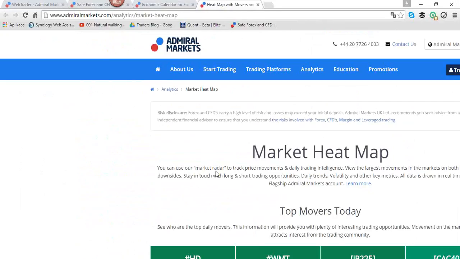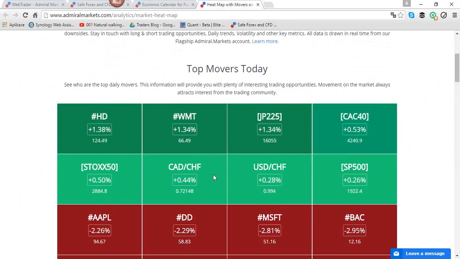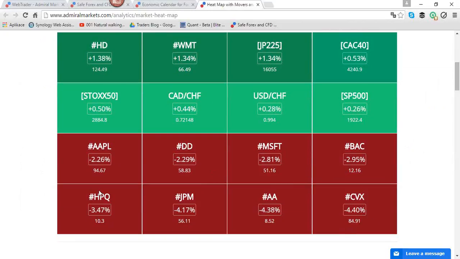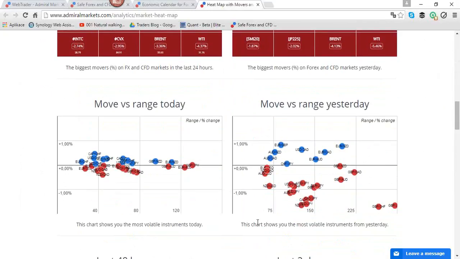Let's also take a look at the heat map. We had some stocks that were not doing that great yesterday. Let's take a look at the currency pairs. And again, pretty good movements. I mean, not the crazy 2.5% as yesterday, but we do have a bunch of them below the 1%.